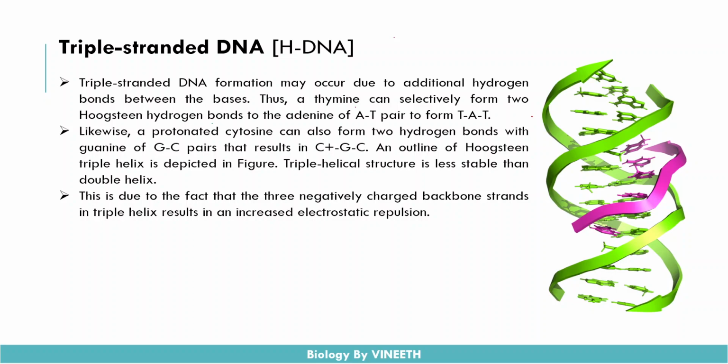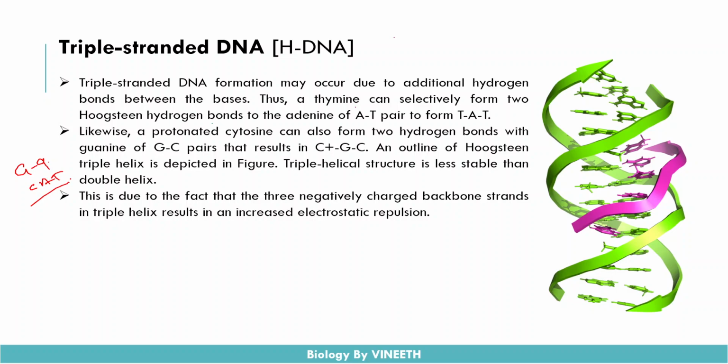This triple helical strand DNA formation may occur due to additional hydrogen bonds between the bases. Thus, a thymine can selectively form two Hoogsteen base pairs to the adenine of an AT base pair to form the TAT. So thymine or guanine-rich sequences, as I've said, guanine can form almost nine hydrogen bonds, and similarly the cytosine, adenine, and thymine also have the ability to form extra bonds.